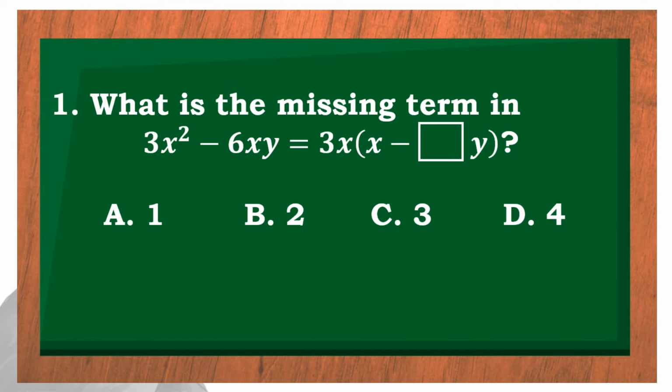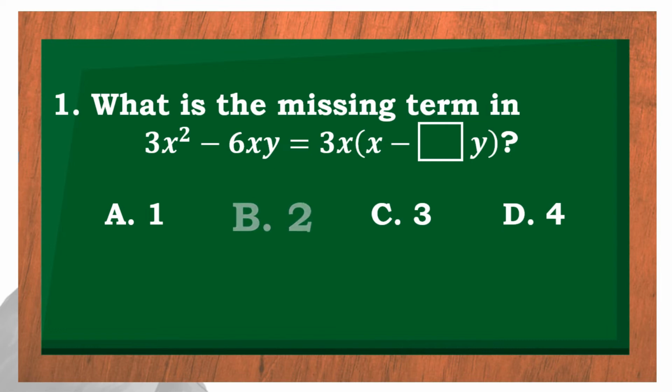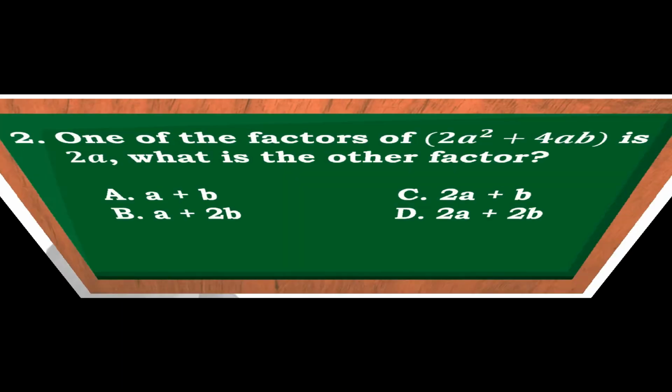A. 1. B. 2. C. 3. D. 4. The correct answer is letter B. The missing term is 2 because 6xy divided by the greatest common monomial factor, 3x, is 2y.